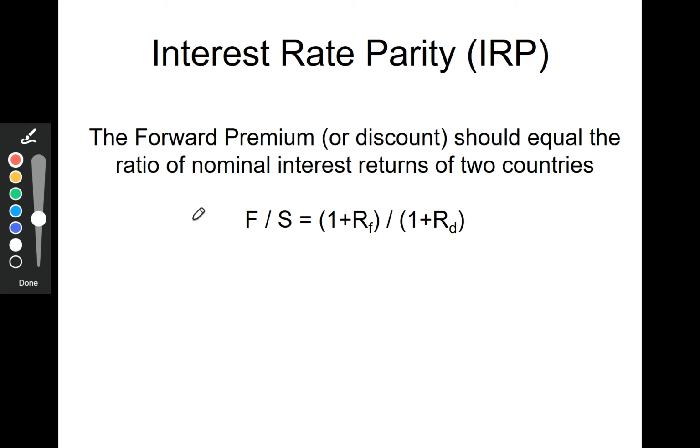How do we discount? Well, we learned that in our first finance class, or you would learn it if you have that course. We divide by 1 plus the interest rate. And to compound your money, if you have 100 euros and you get 4% interest, you would multiply it by 1.04.